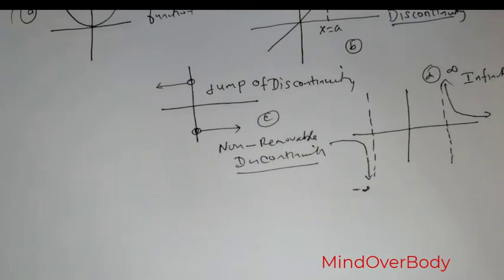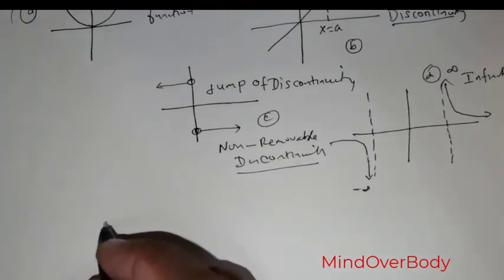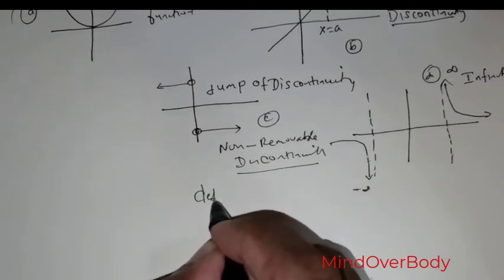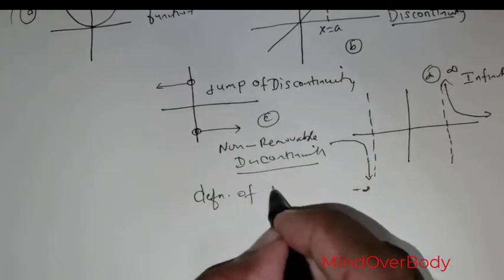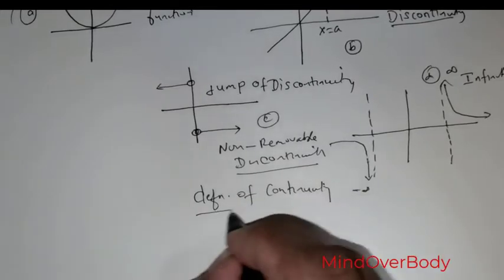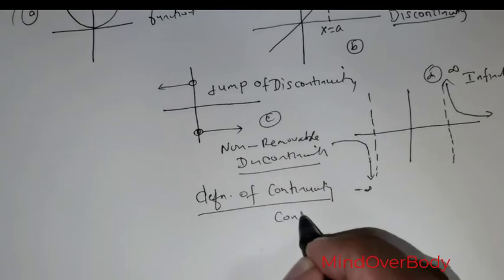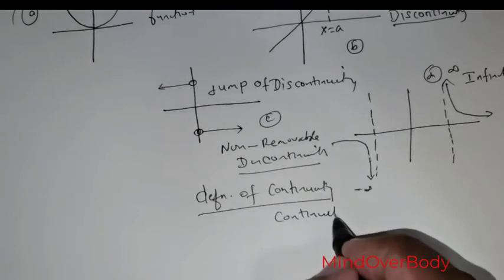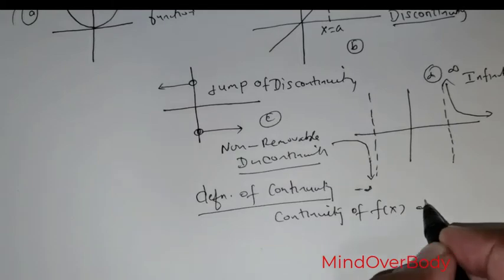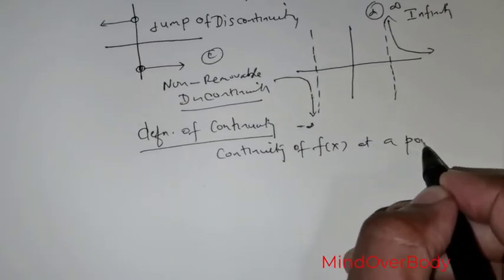Now coming back to the definition, when exactly is a function continuous? So we will be using this definition of continuity. Now this is also called continuity of f of x at a point.